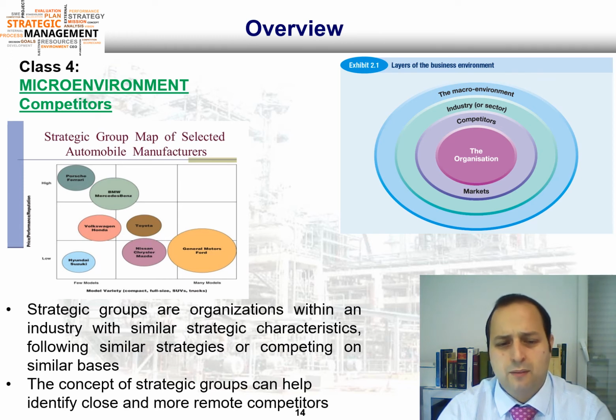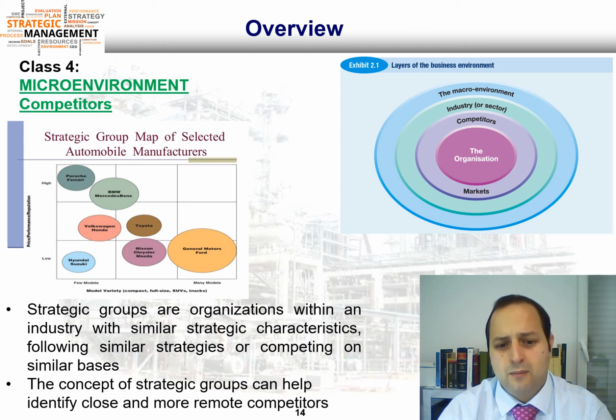For example, you can find here a picture of the strategic group map of selected automobile manufacturers, and depending on the quality and the price of the car, the brands are going to be located in different parts of the strategic group map.